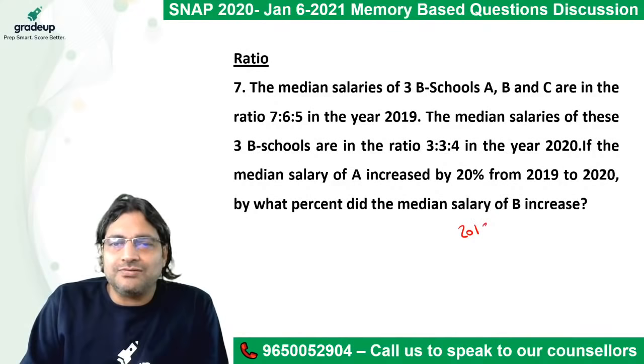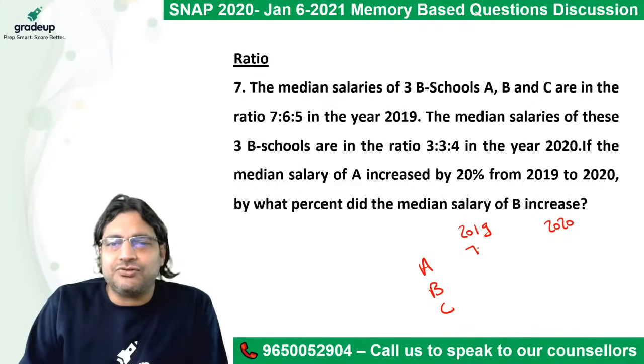So 2019 and 2020, A, B, and C. Initially, the median salaries were in the ratio 7:6:5. So 7x, 6x, and 5x. And in the year 2020, the ratio was 3:3:4. So of course, we cannot take 3x.